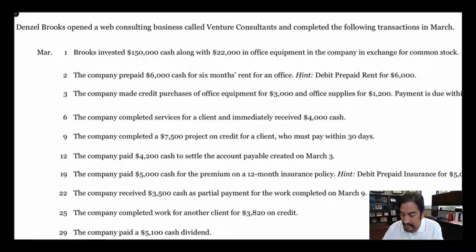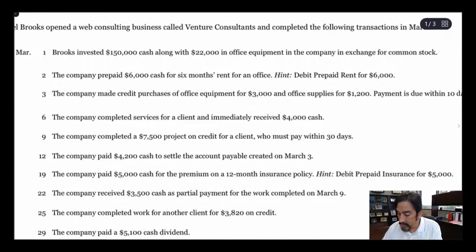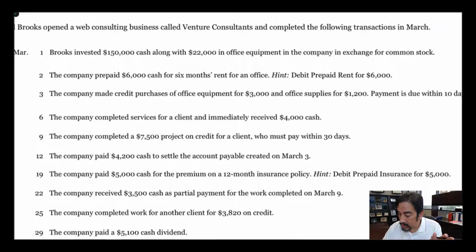Brooks invested $150,000 cash along with $22,000 in office equipment in exchange for common stock. So I'm going to change that sentence around a little bit so I can say we, from the perspective of the company. We received $150,000 cash from an investor, along with $22,000 in equipment from an investor in exchange for common stock.